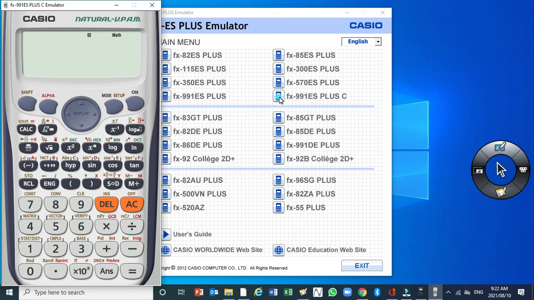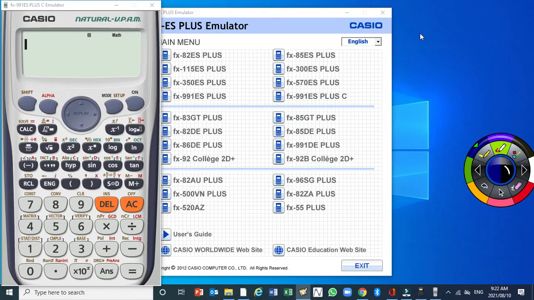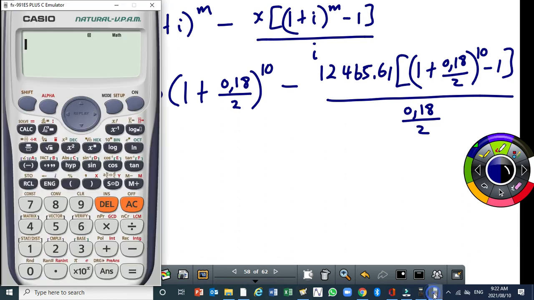Let me put the information that's there. I'll start with the compound interest part.